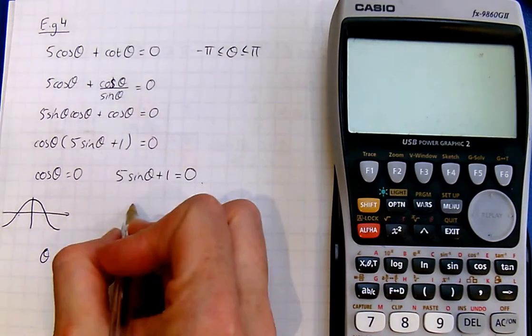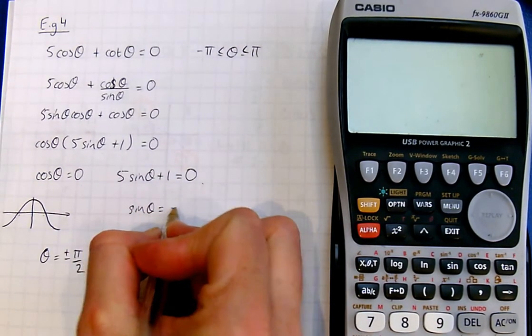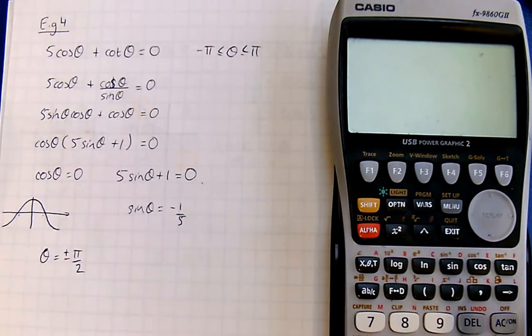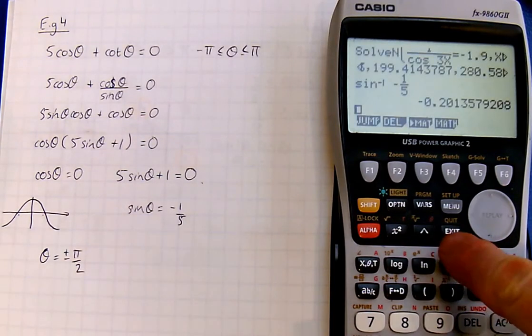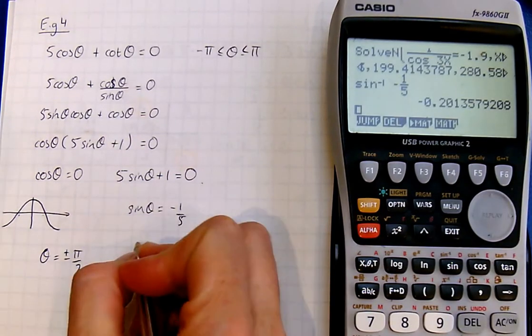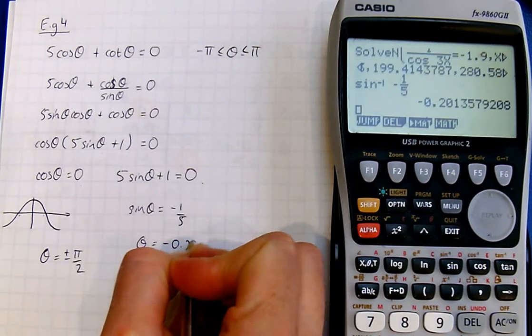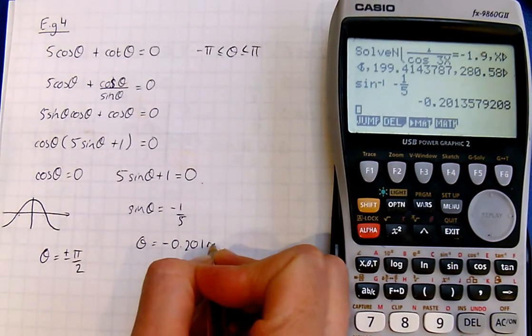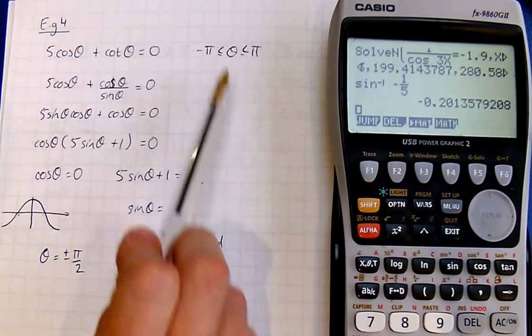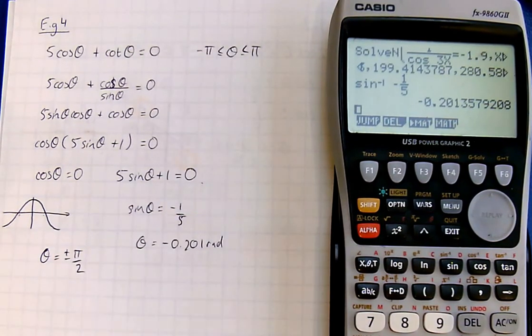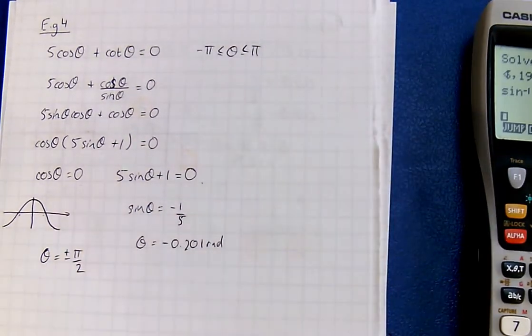For this one, we have sine theta is negative a fifth, so I'm going to use my calculator to work that one out, and I get theta is negative 0.201 radians. I need to find all my solutions in this range. So I'm going to draw a cast diagram to help me.